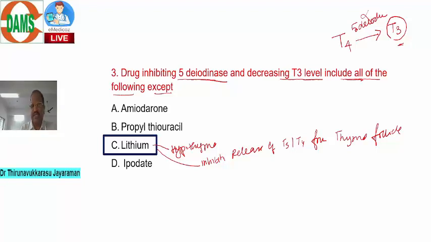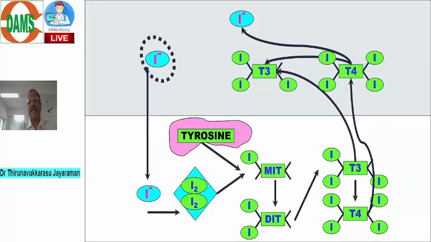So to explain this, look here. Normally, T4, that is tetraiodothyronine, can be converted into T3 by removal of one iodine. The removal is done by one enzyme called 5-deiodinase enzyme. So what are all the drugs inhibiting this enzyme, thereby inhibiting conversion of T4 to T3?